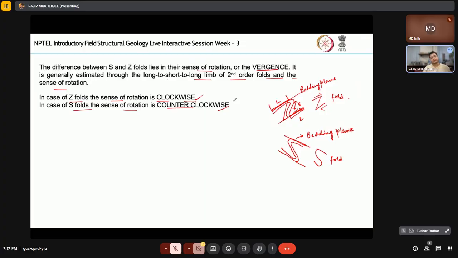Right. So now this is generally for second order parasitic folds which are present.